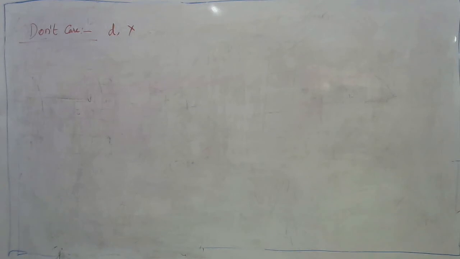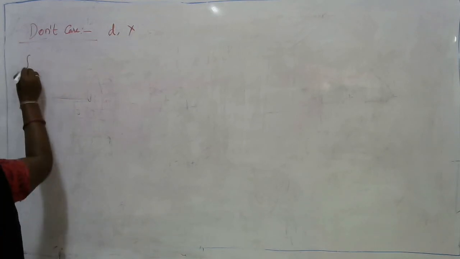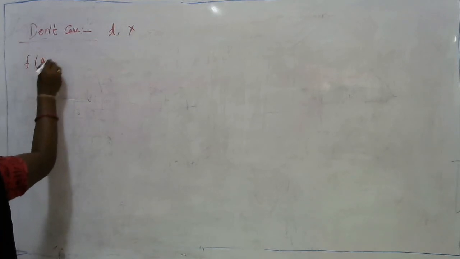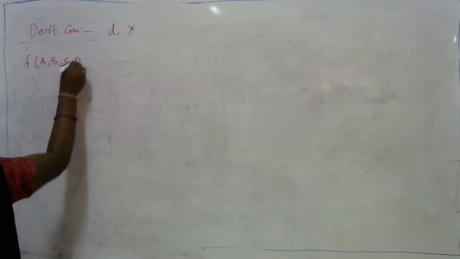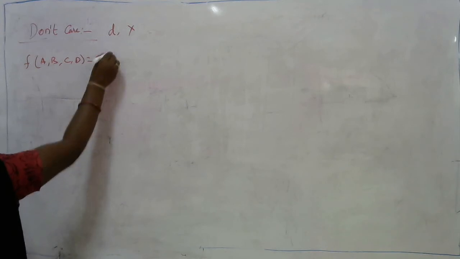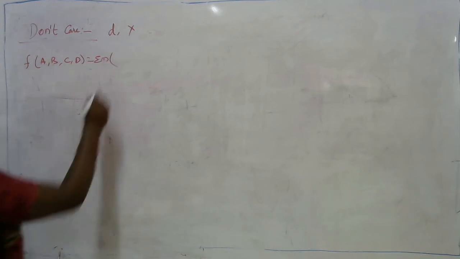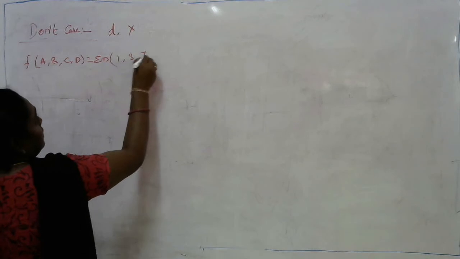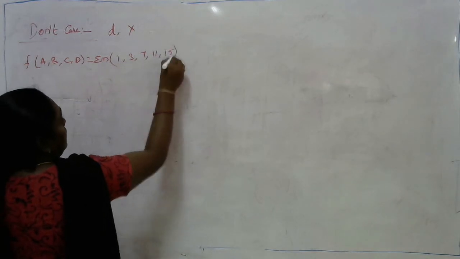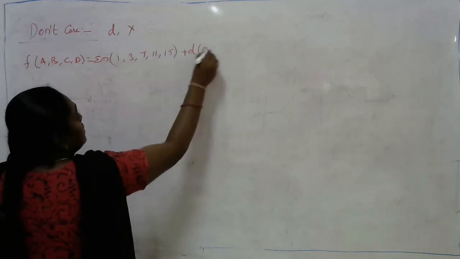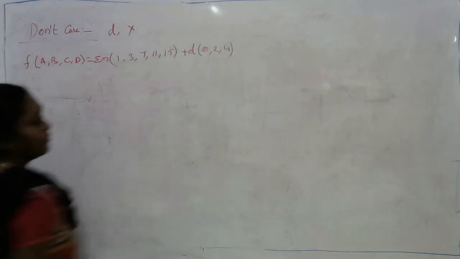Now let me take a direct example for the don't care condition for a 4 variable K-map. Here I am assuming that the question is a 4 variable K-map of f of ABCD equivalent to sigma m of 1, 3, 7, 11, 15 plus d of 0, 2, 4.